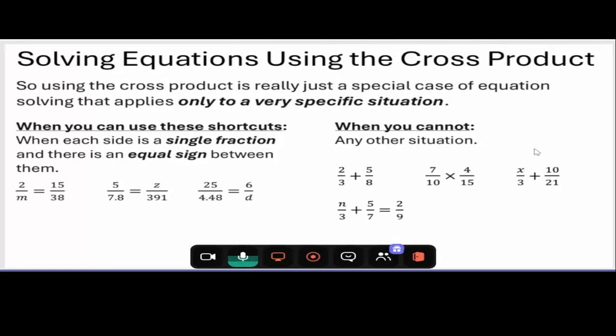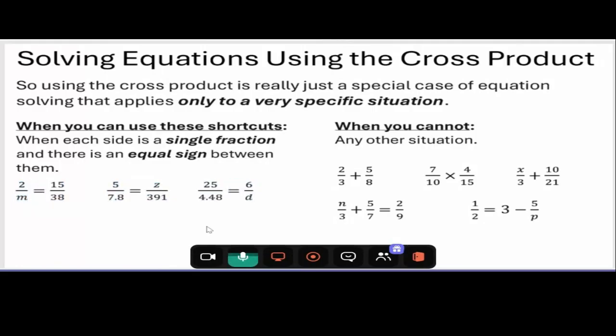If you have extra fractions, so here instead of a single fraction equals another fraction, I have a fraction plus a fraction equals another fraction, the cross product doesn't mean anything. Or here I have a fraction equals a whole number minus a fraction. The cross products don't mean anything. So it's a little shortcut that saves a ton of time, but make sure you are clear on when you can use it.